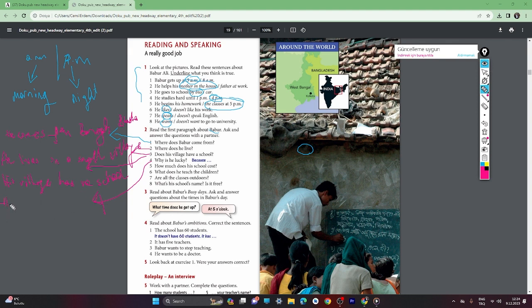So he goes to a private school in the next village. Okay, how much does his school cost? His school costs 12 euros a year.